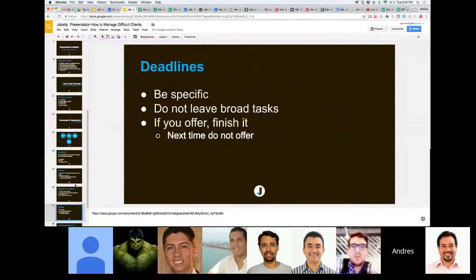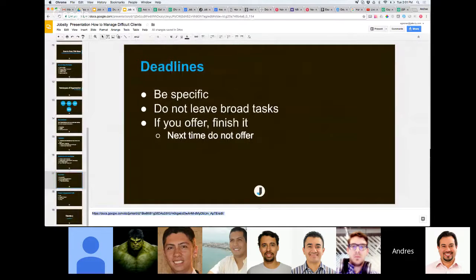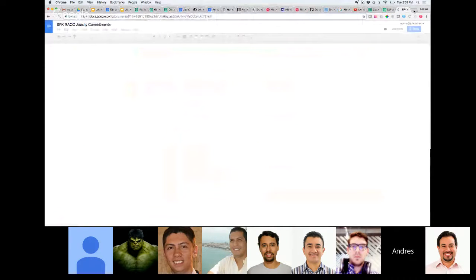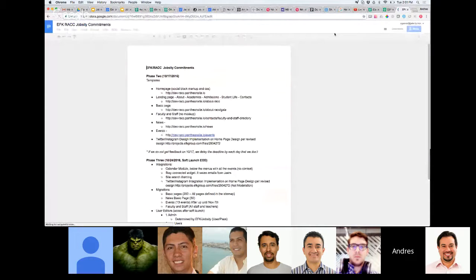It's important to be specific in deadlines. Again, another tool that you can create is a spreadsheet. When you create a spreadsheet, for example, you say, okay, this is exactly what I'm going to get finished by this day. By 10/17, we're going to get exactly this. By 10/24, we're going to get exactly this.